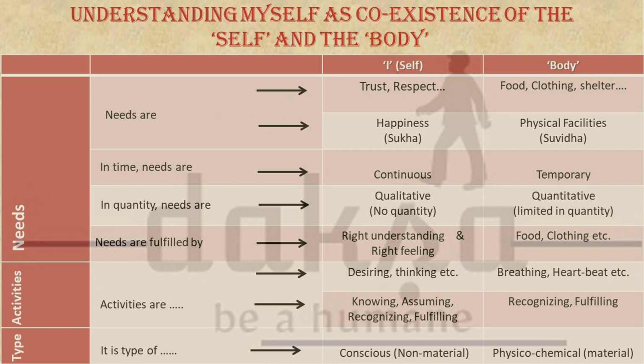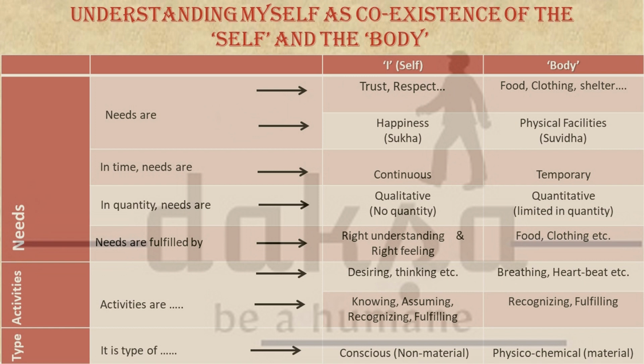The answer will be natural or obvious: I, because it is I, Jeevan, who has the characteristic of being aware, means being conscious, known as consciousness or I am. This feeling of I am is the beginning of understanding consciousness, and this consciousness has the activities of knowing, assuming, recognizing, and fulfilling.